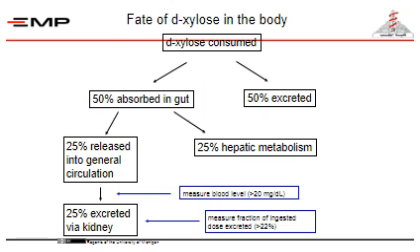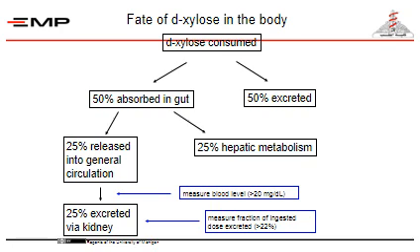Of the 25 grams of xylose consumed, 50% is excreted through the GIT and 50% will be absorbed in the gut. 25% of these undergo hepatic metabolism and 25% is released into the general circulation.